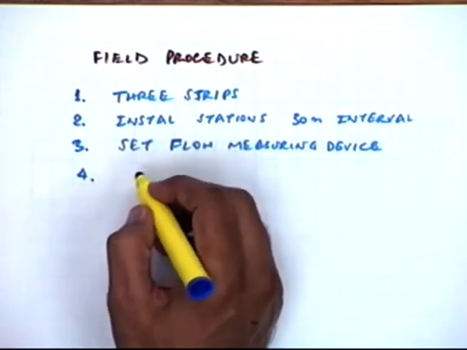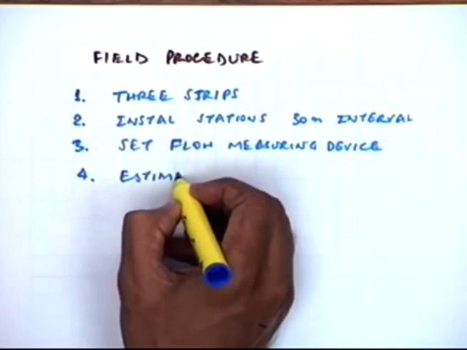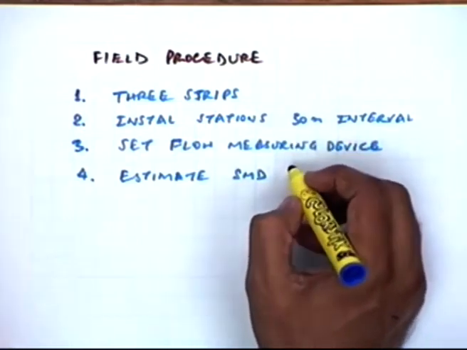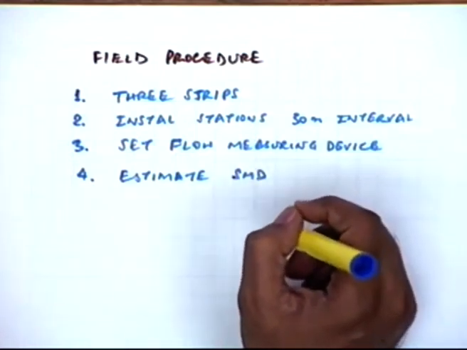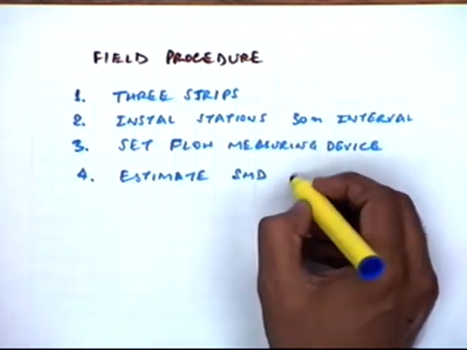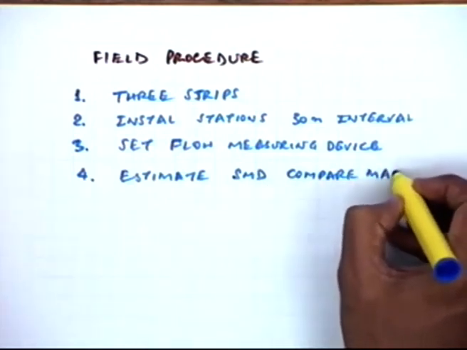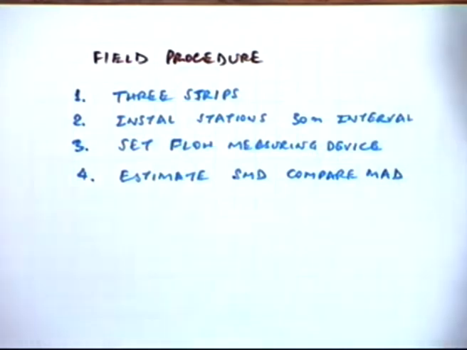Having done this, you can estimate the soil moisture deficit by finding out how much is the moisture content, and you can compare this soil moisture deficit with the management allowed deficit, because if your management allowed deficit is some known level, let's say at 50% level of the available moisture content, and you are making this evaluation at a moisture content which is much different from that, then there won't be any comparison.